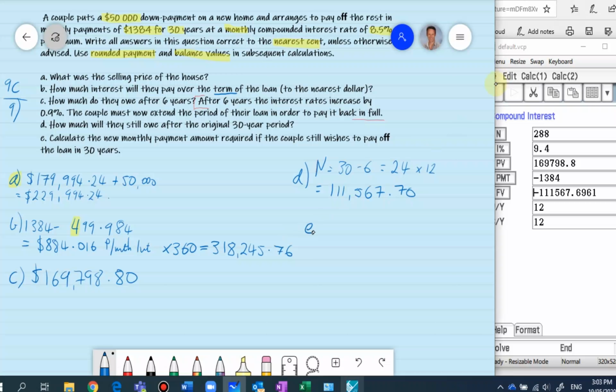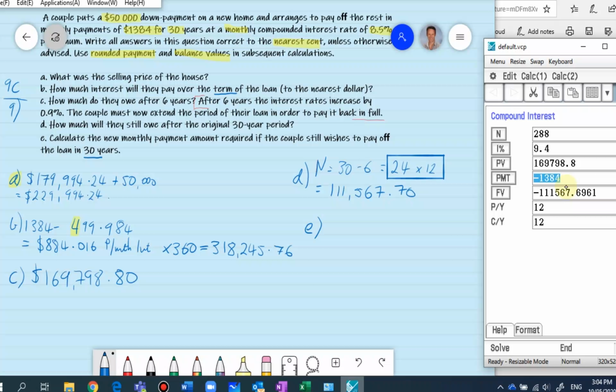Okay. Part E. Calculate the new monthly payment amount required if the couple still wants to pay it off in the 30 years they originally wanted to. All right, so we know that they've gone through it for 6 years so far. So we're going to keep that value there in N. The interest rate here is going to stay the same. The present value is the same after 6 years. That hasn't changed. We're going to solve for the payment.